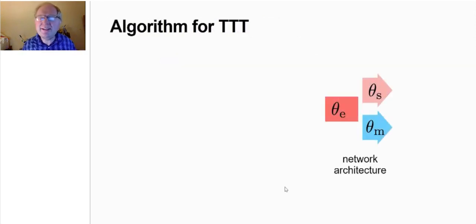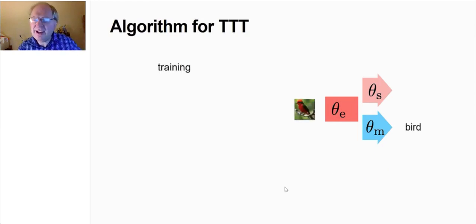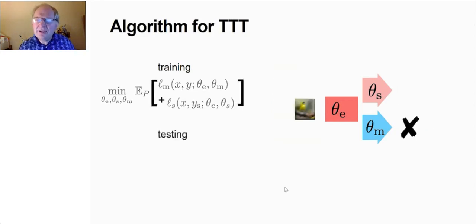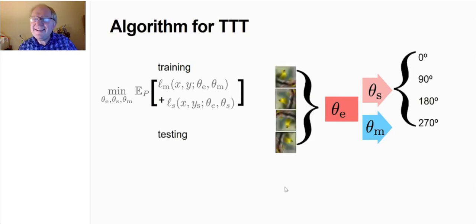And so the idea is very, very simple. We train a network with two losses. One is your standard loss for the task at hand, like classification, for example, and at the same time you also have a self-supervised loss, for example, predicting the orientation of an image. Okay? So at training time, you train with both of those losses at the same time. Now, test time comes, you don't have the label anymore, of course, but you can still do your self-supervised task.